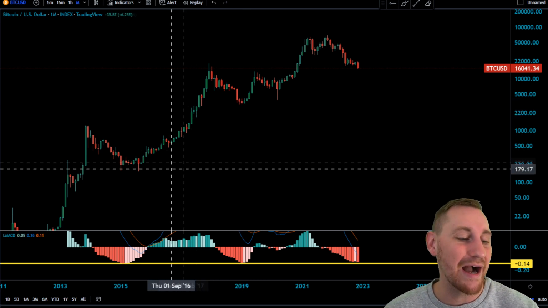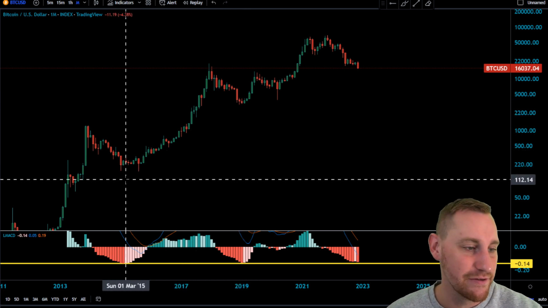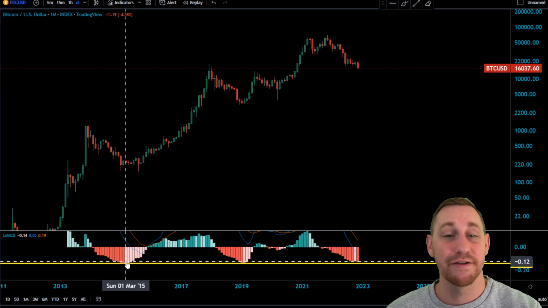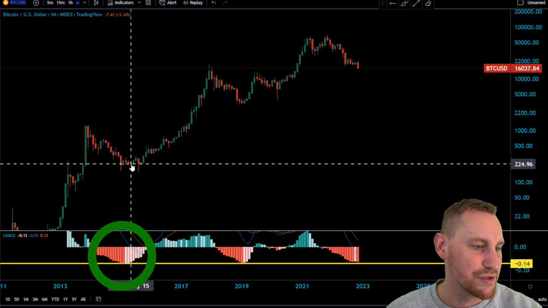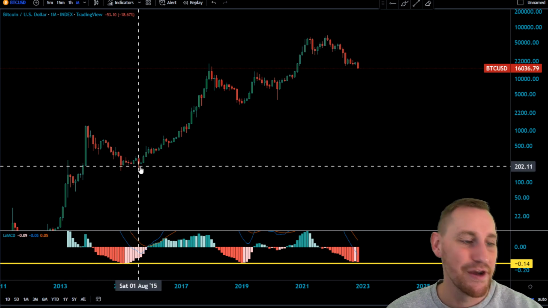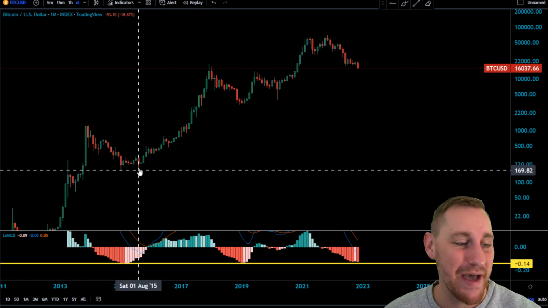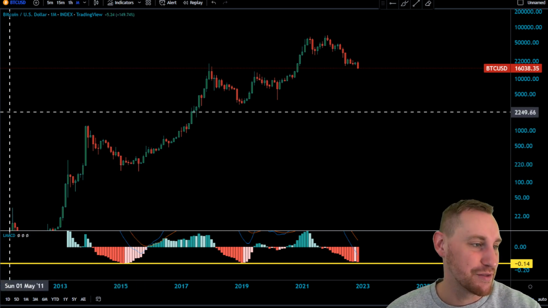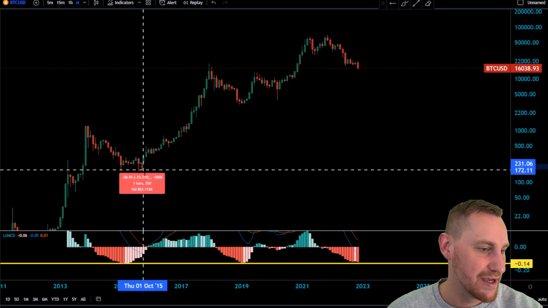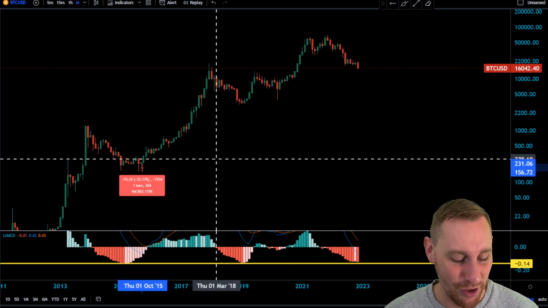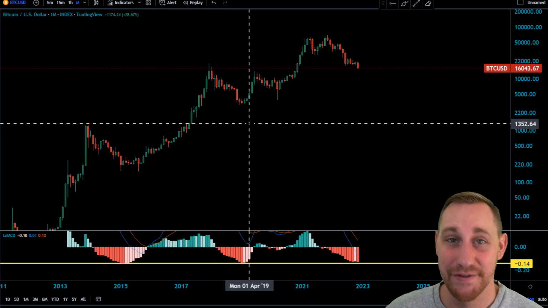But if you go back to, say, 2015, you can see right here that when that started to flip back over, we did get the monthly close low come in shortly after, but we did see a giant wick back in 2015 that pushed the price another 32% lower than that current monthly close price.